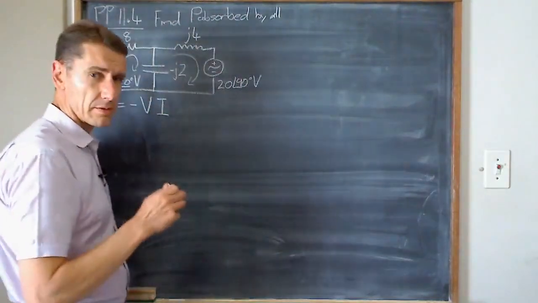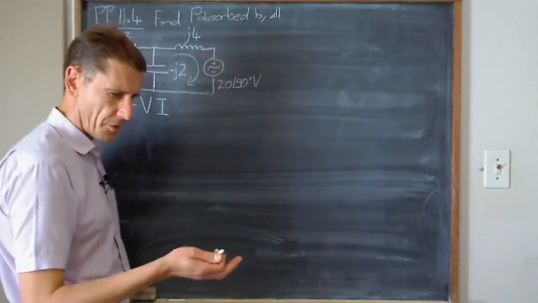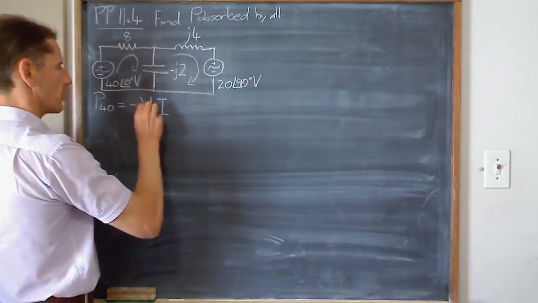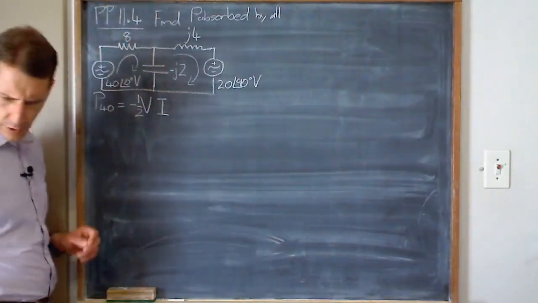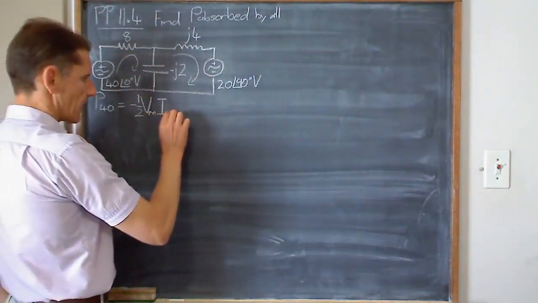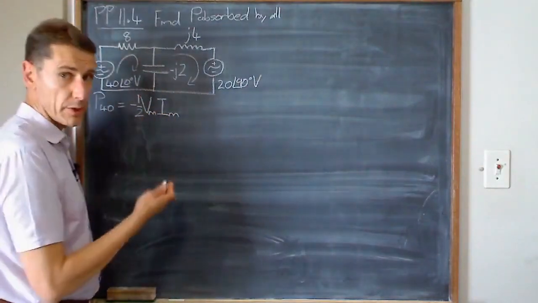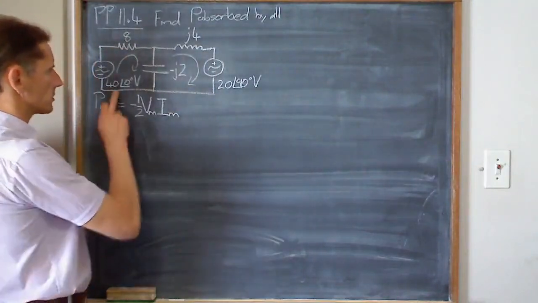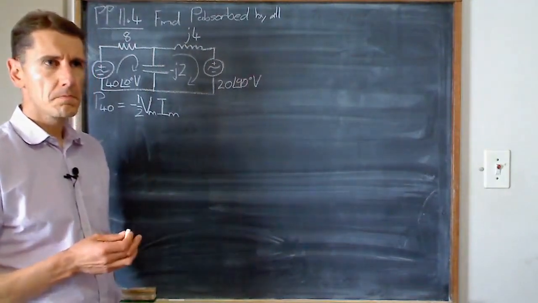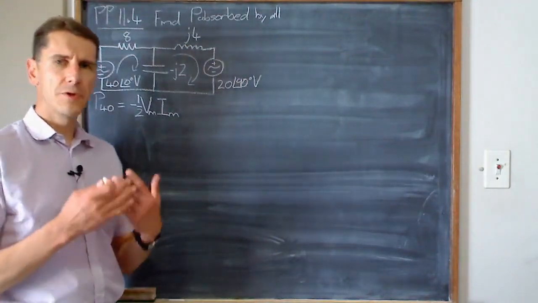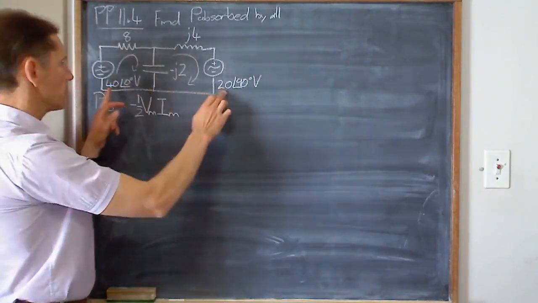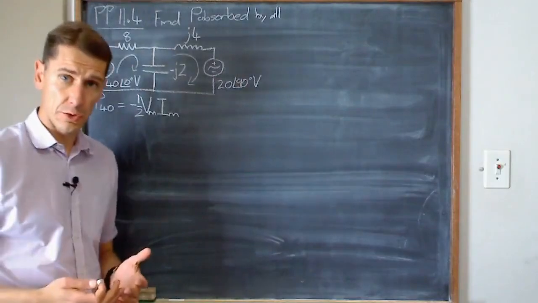But remember, with the next section it's going to look a little bit different. So remember the half, the half VI in there. And then the V and I are VM and IM, the amplitudes of the voltage and current in the signal. This is a bit where chapter 11 is confusing. In chapters 9, 10 and the first part of chapter 11, when we write in phasor format, these coefficients are still amplitudes.